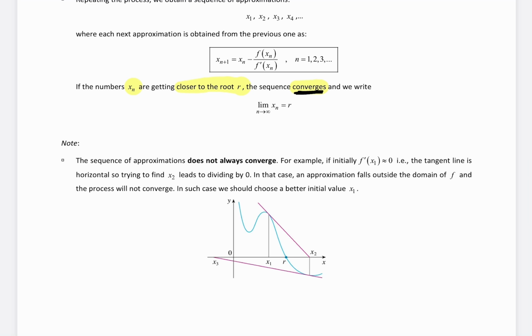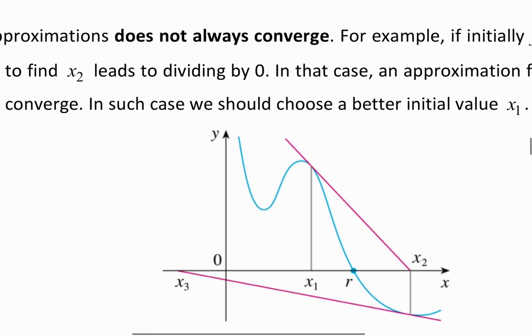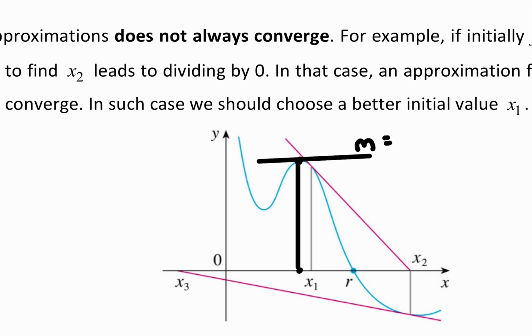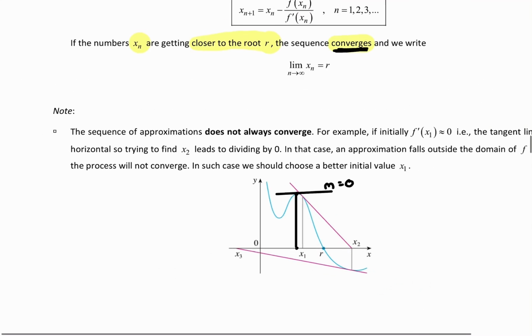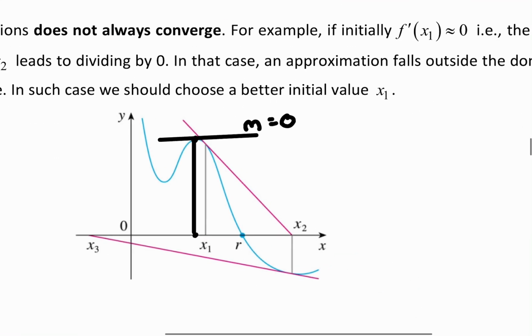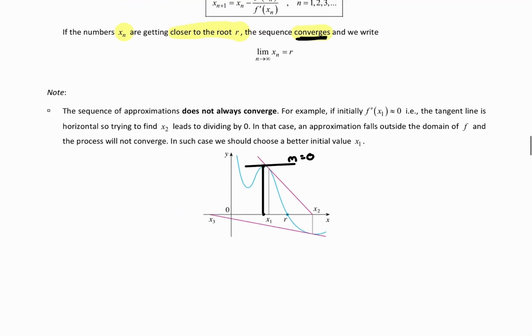When it doesn't converge, then our numbers bounce all over the place, or I might even get to a point where I need to divide where my derivative is 0. For example, if I were to take this function, if I happen to pick this point, I would get the tangent line equal to 0, and that's not going to give me anything at all. So the closer I am to that flat derivative where the slope is 0, the less likely I'm going to be able to get my root.